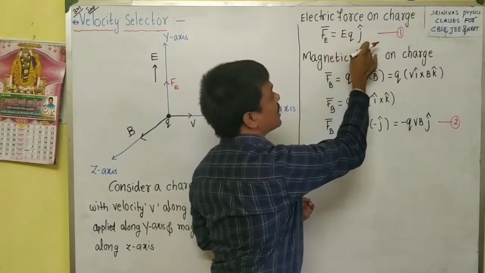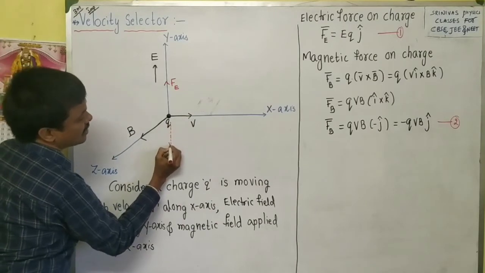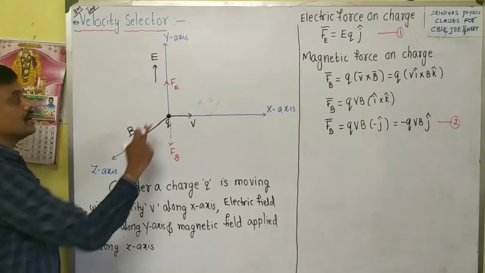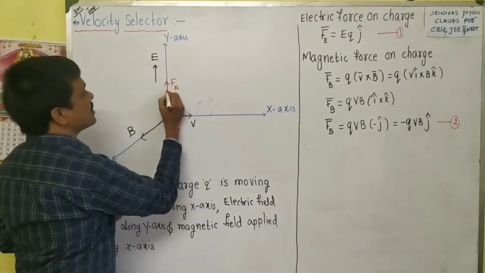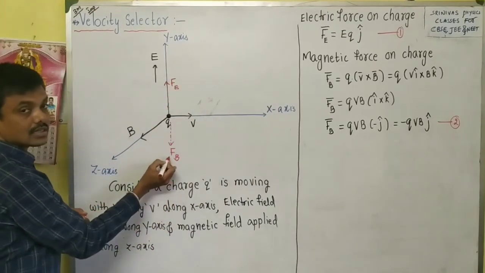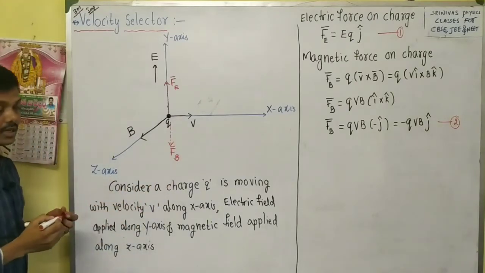Electric force is plus J cap, magnetic force is minus J cap. Minus J cap indicates it is along the negative y-axis. Along the positive y-axis, the electric force will be there. Magnetic force is downward, electric force is upward. These forces are equal and opposite, right?